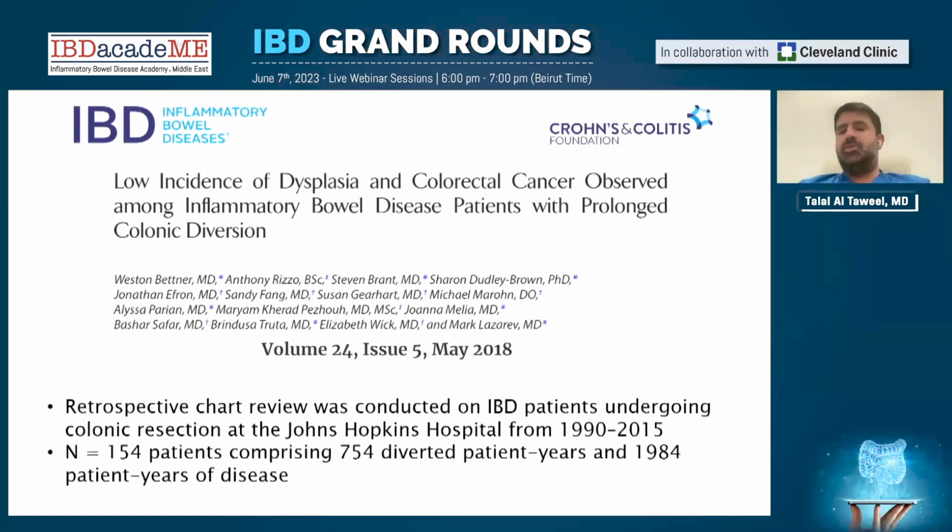It was retrospective. They looked at all their patients with IBD who were undergoing colonic resection from 1990 to 2015. Around 154 patients, which gives you around 754 diverted patient years and around 2,000 patient years of disease.